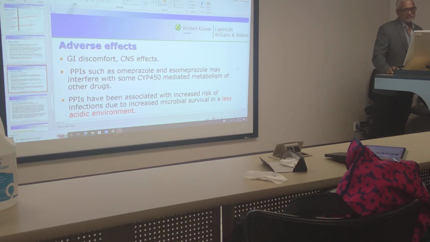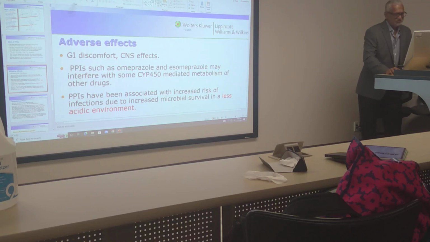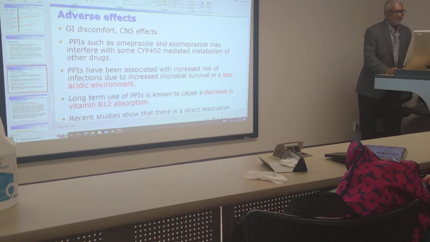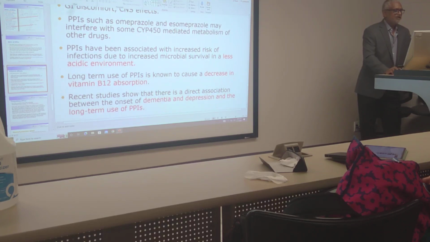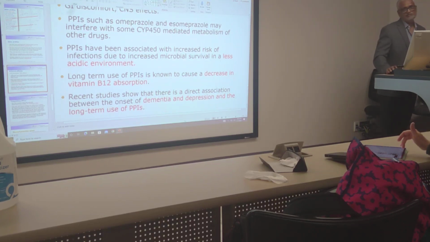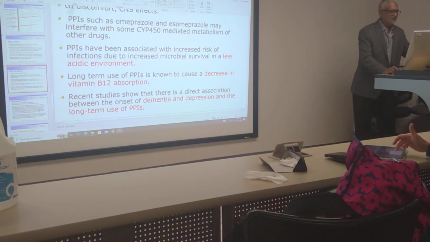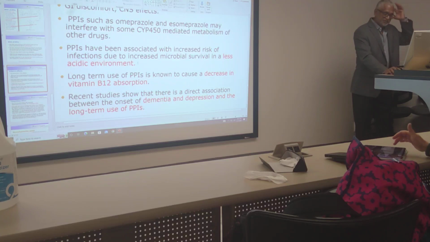They may have some interactions with the cytochrome P450 metabolism of other drugs. And PPIs have been associated with increased risk of infections due to the less acidic environment, as I mentioned earlier.